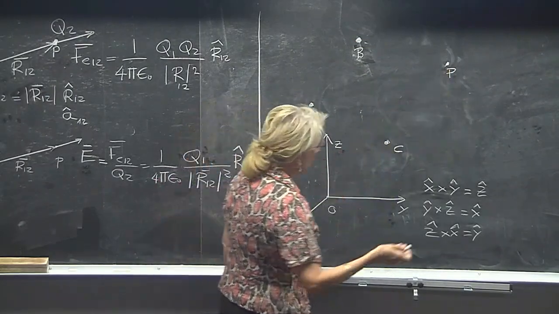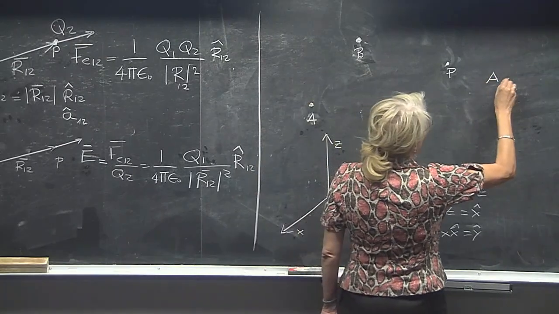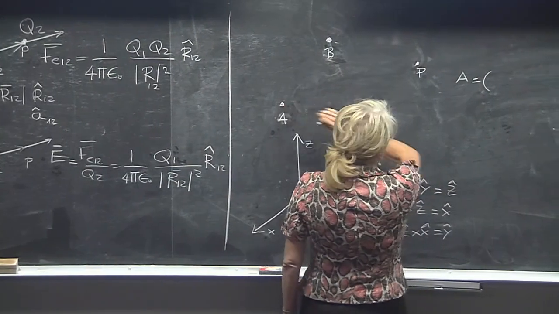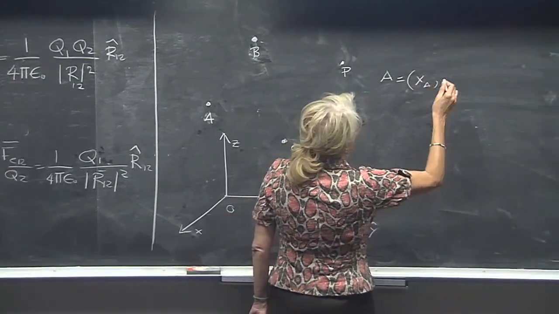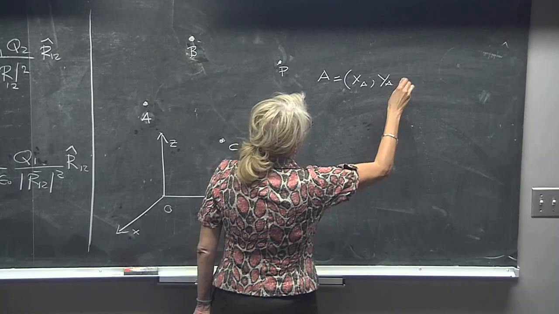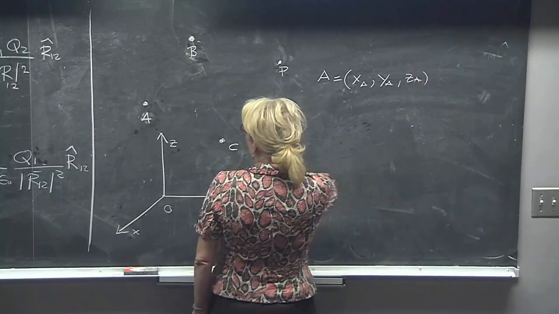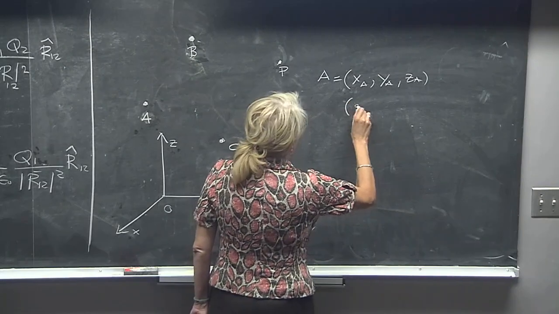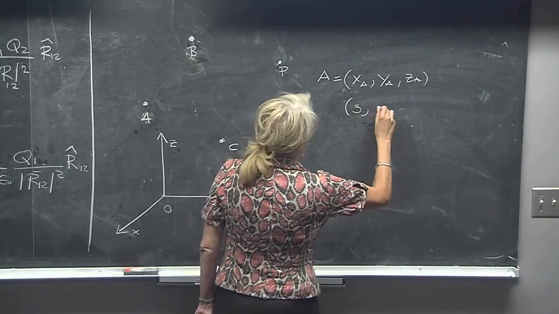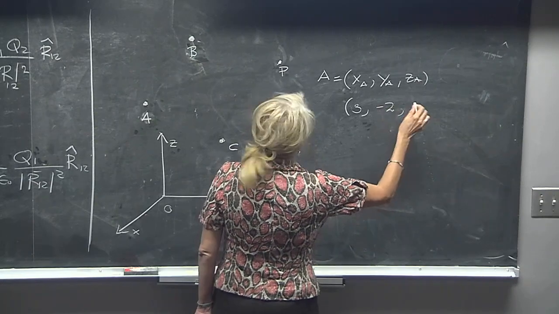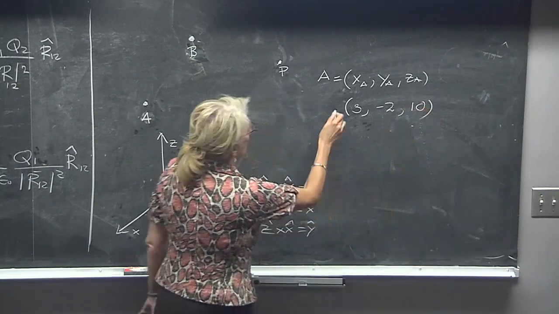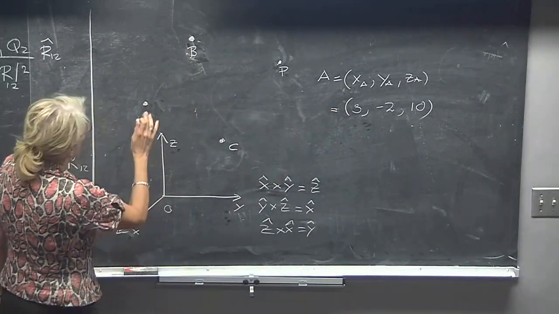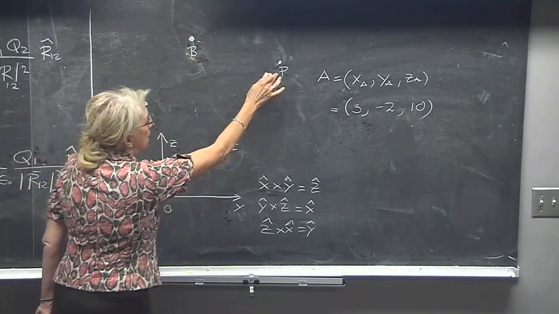So I can tell you that point A is a point that has a particular X, a particular Y, and a Z. And for example, for this case, it could be 3, minus 2, 10. All right? I could give you this. And then I could go on and give you B, C, and P in the same way.